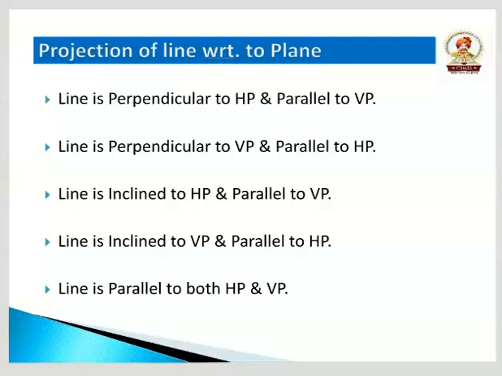Third, line is inclined to HP and parallel to VP. Fourth, line is inclined to VP and parallel to HP. Fifth, line is parallel to both the planes, that is horizontal plane as well as vertical plane.